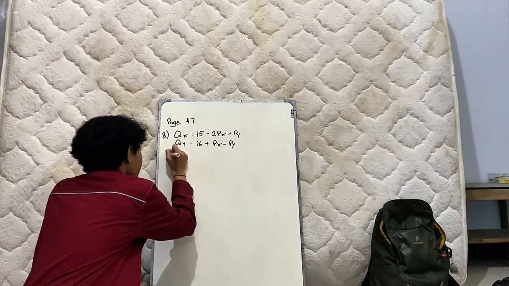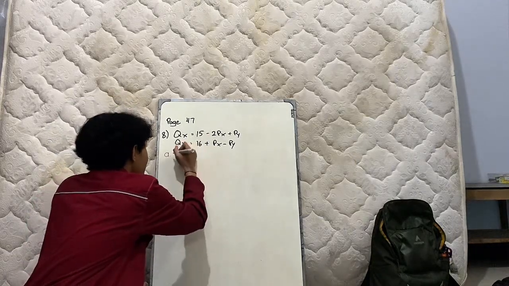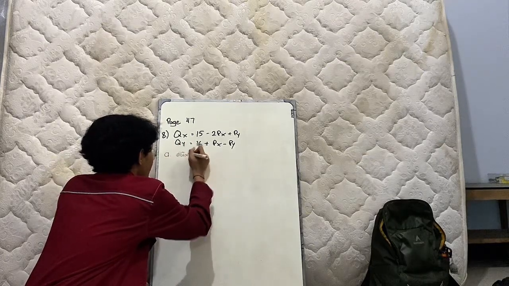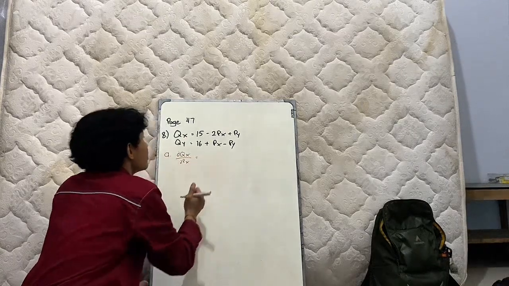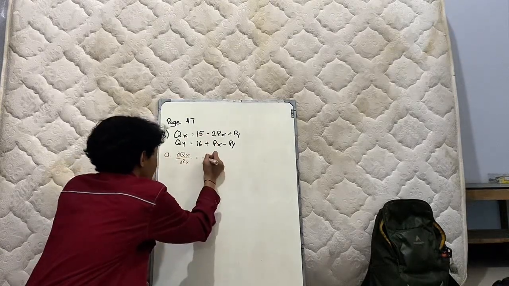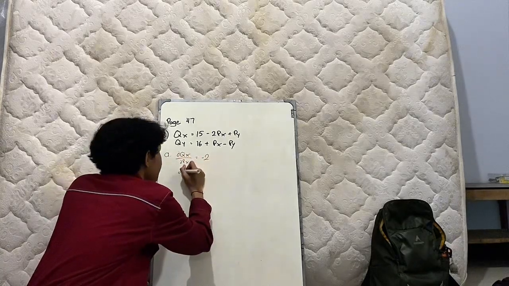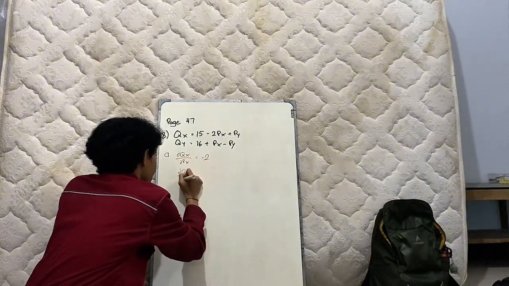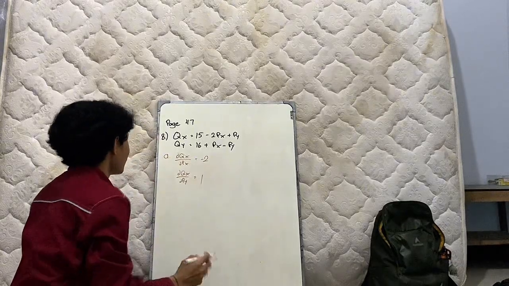So first we will derive Px from the Qx function, and we will get -2, and we will derive Py from the Qx function, and we will get 1.